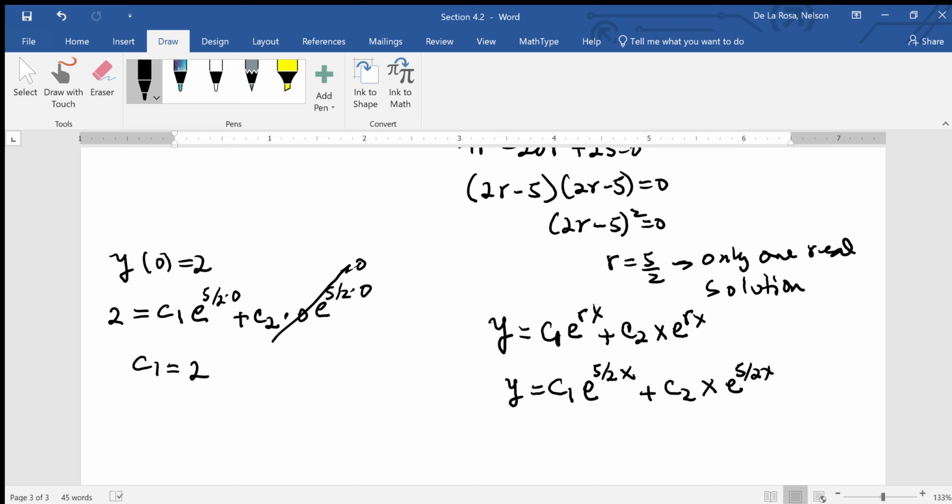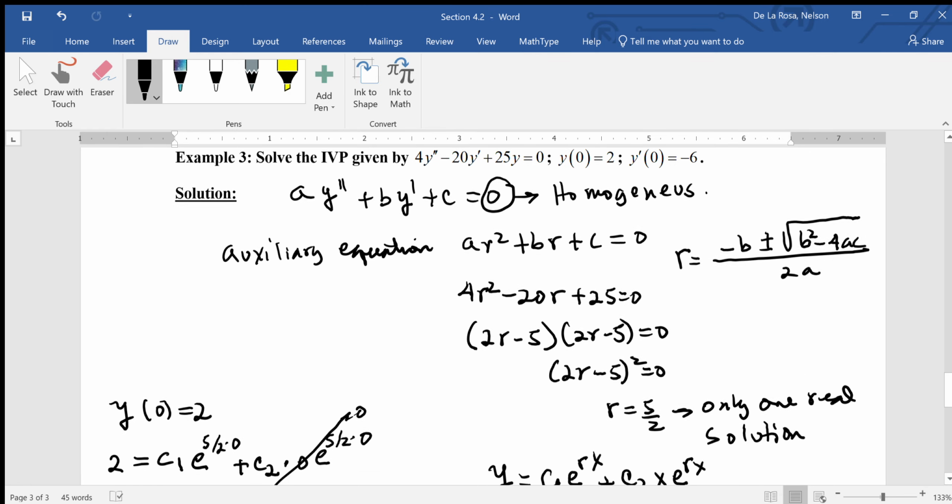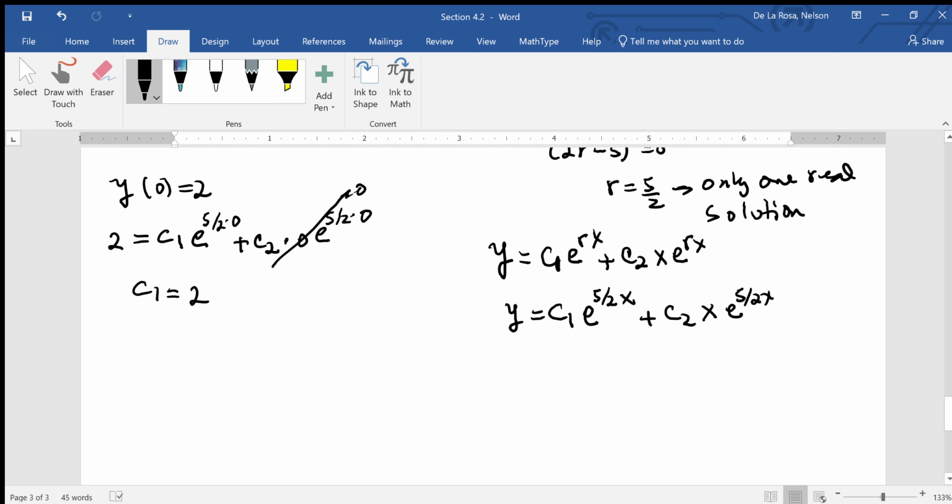Now, to find c2, we're going to use the other condition given in the problem, which is y prime at 0 is negative 6. So we need to find y prime of x, because these are functions of x. We need to find the derivative.